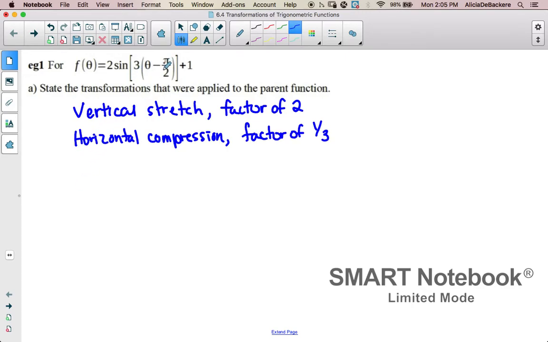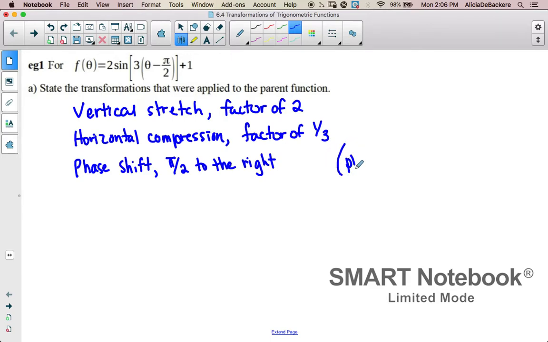Next, I'm just going to go in order. So I'm going to look at this d value of pi by 2. That's a horizontal translation, but in trigonometry, we call it a phase shift. So when you see the term phase shift, it's just another term for horizontal translation. And my phase shift is pi by 2 to the right. So don't forget to tell me how much and which direction.